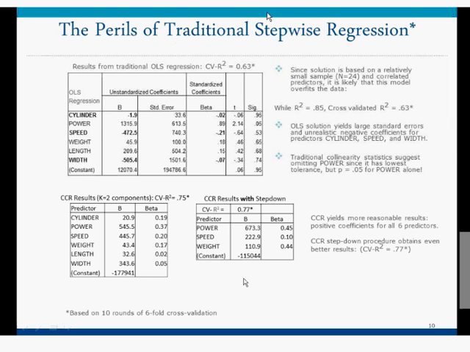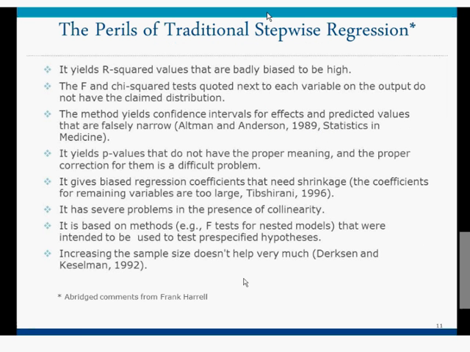Okay, now there are other methods for doing step-down regression or step-up regression. And the most popular way of doing variable selection is with stepwise regression. However, there are many, many problems associated with stepwise regression.